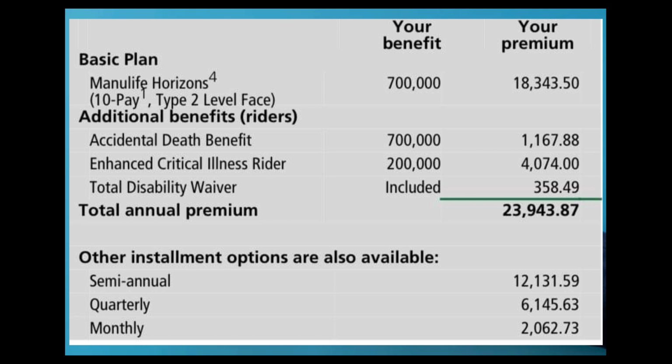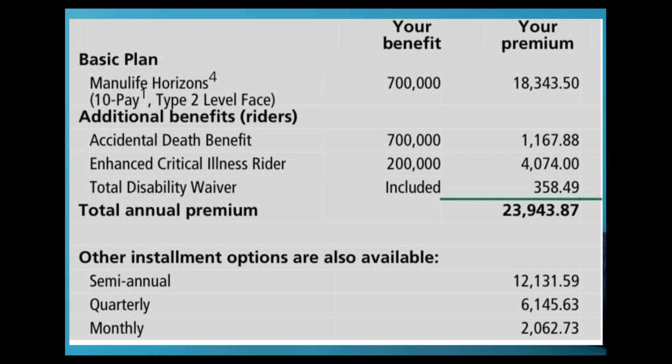Same as well with the accidental death benefit, which is 700,000 or 150% of that. The total disability waiver means that, for example, if the person becomes disabled and has a balance on the premium, all of the balance will be waived. The premium will be waived. So there's a lot of benefit in getting a VUL.